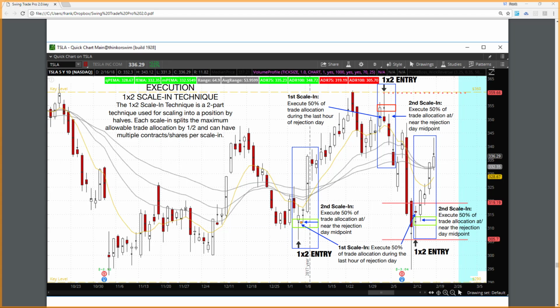This one hit a perfect midpoint retest right there and then bounced back up. So in this case, when you use a 1x2 entry, you can enter half the trade here during the last hour of the rejection day and enter the next half at the midpoint the next morning. And then now you're fully positioned 100% to enjoy any potential pop in your favor.